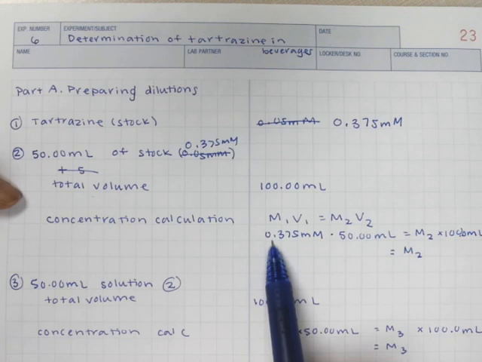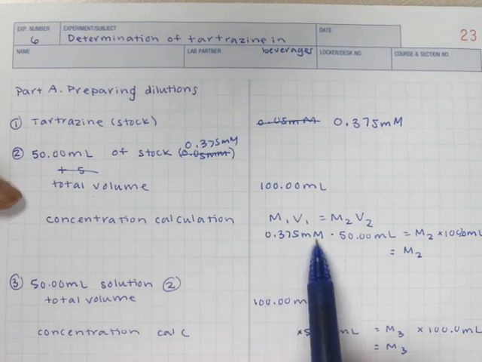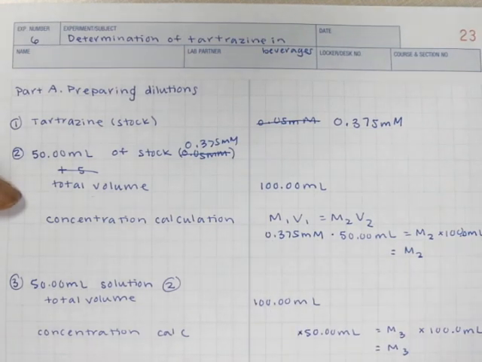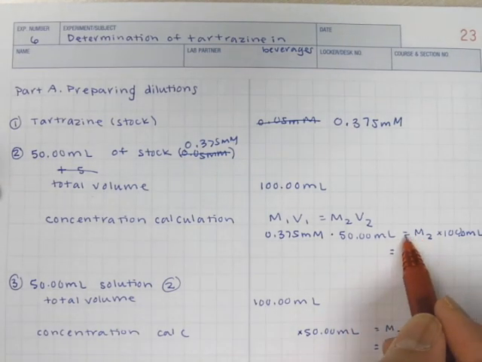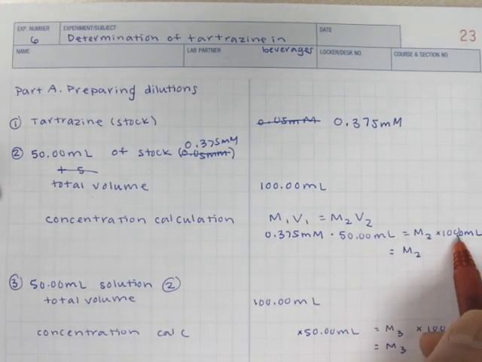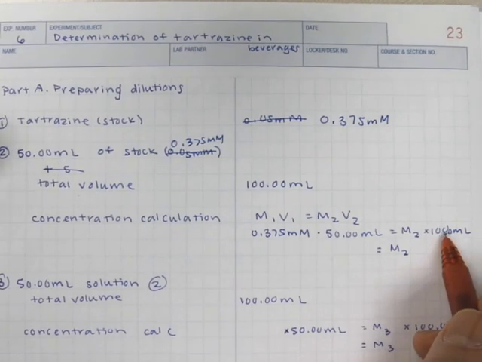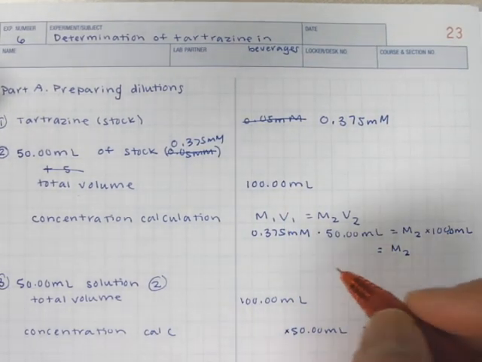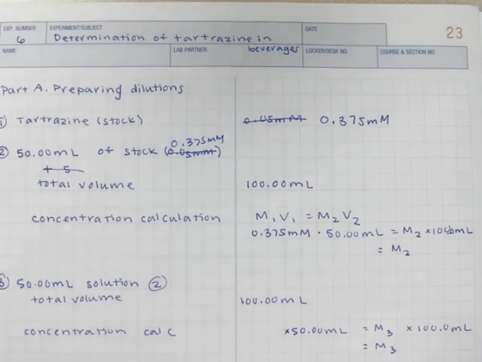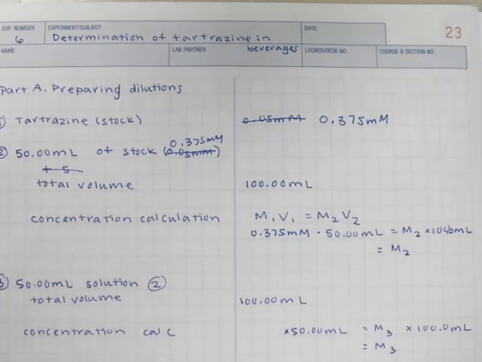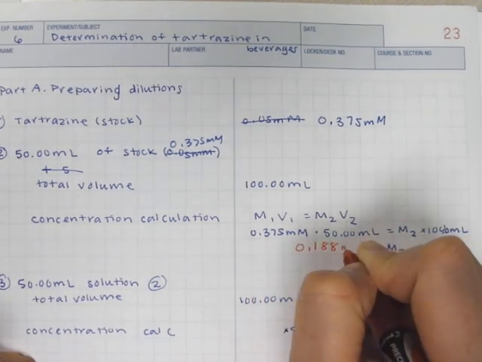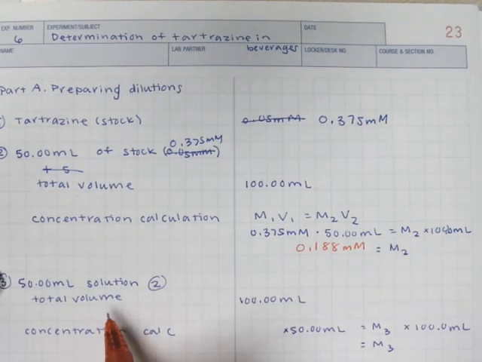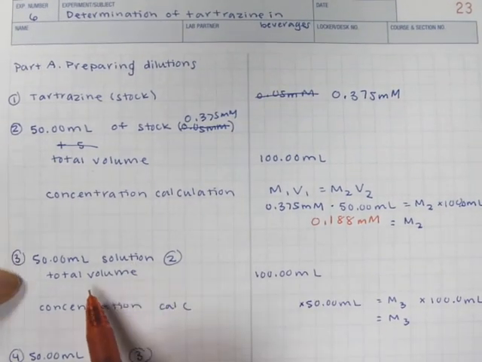My M1 is the stock, 0.375 millimolar, times 50 mL, and that will be equal to M2, which is what we're determining, times 100 mL, the total volume that you diluted it to. So that ends up being 0.188 millimolar.